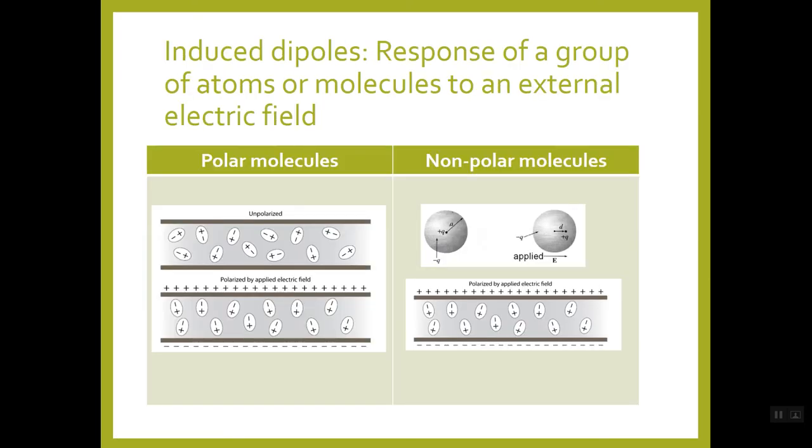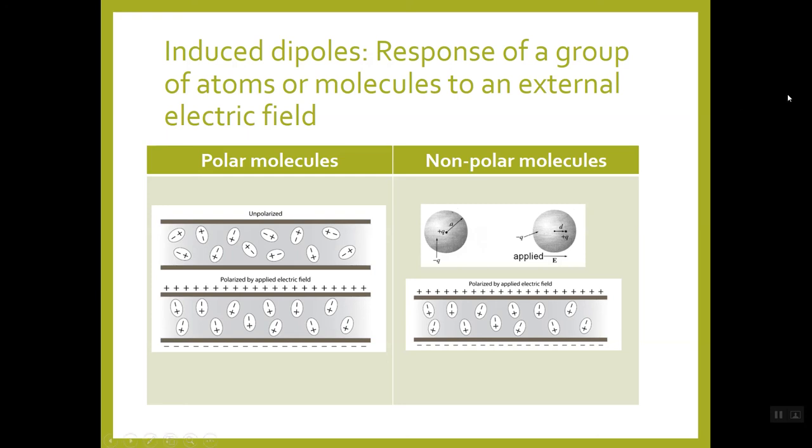Okay, so we have polar molecules that have permanent dipole moments and nonpolar molecules that get induced dipole moments. But in either case, what happens to these dipole moments in an electric field is that they want to line up with the electric field.